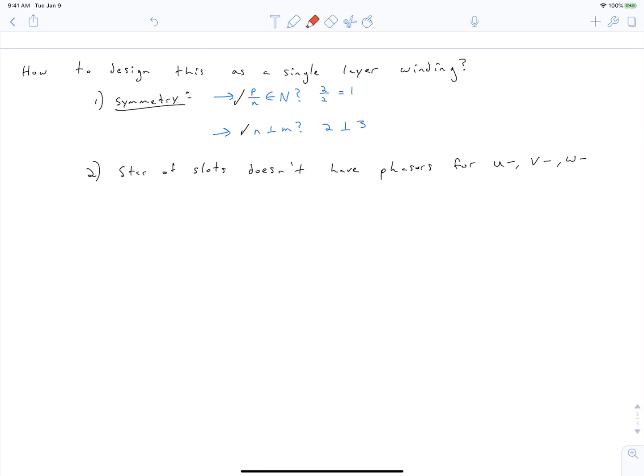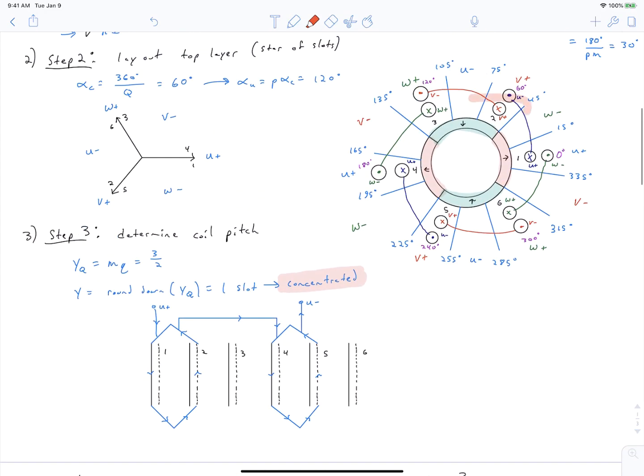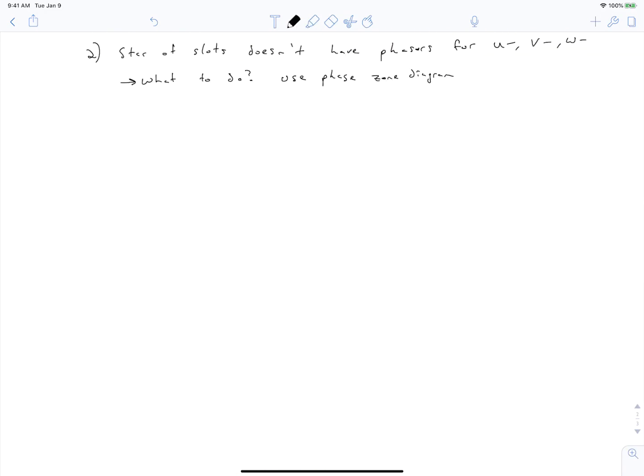And the fundamental problem that we're having with our current approach is that our star of slots does not have phasors for these zones. So what to do? The answer is that we're going to go back to using our phase zone diagram. Our idea is that we will achieve our value of Q in an average sense.